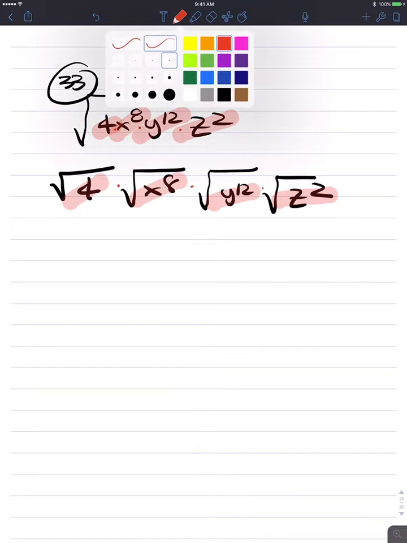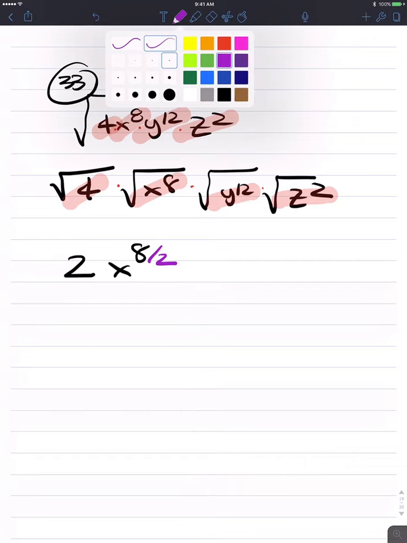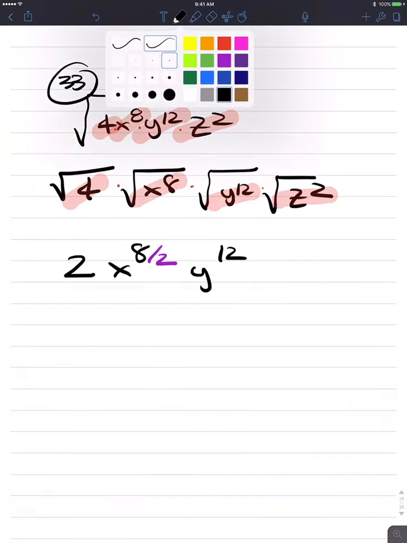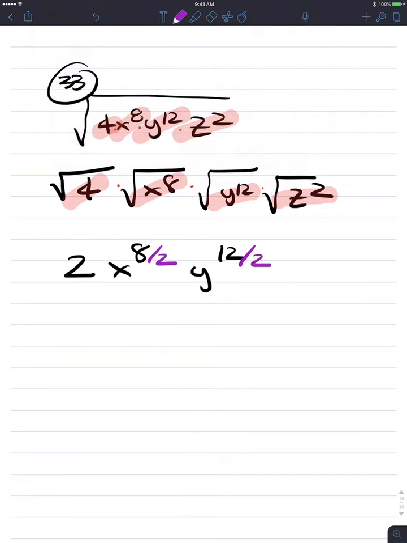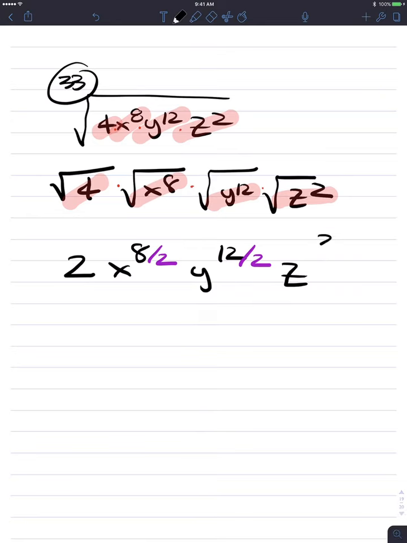Let's simplify. The square root of 4 is 2. The square root of x to the 8th is x to the 8th, let's divide by the index of 2, times y to the 12th. I'm going to divide by the index of my 2, times z to the second power.